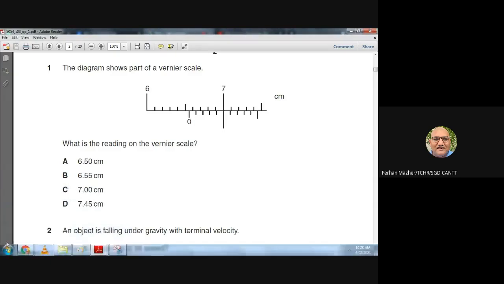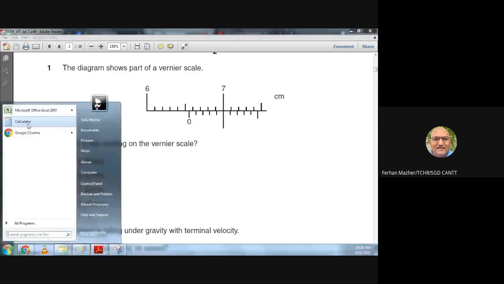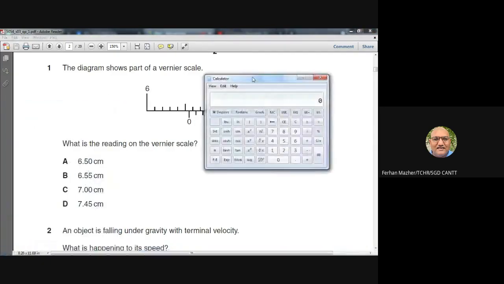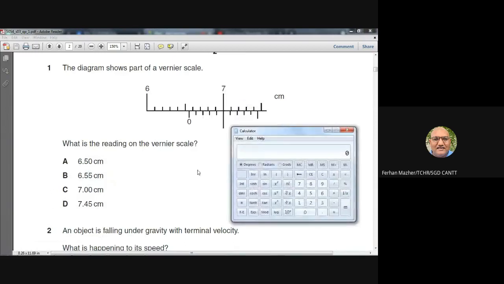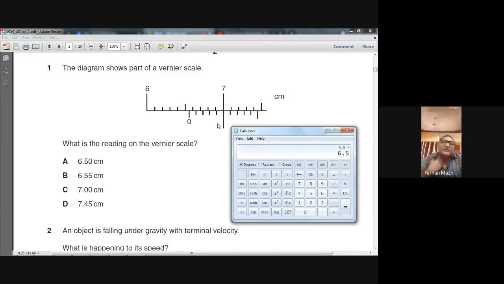So on the main scale, we have crossed 6.5. And in this, I will check the vernier scale reading which is coinciding with any line on the main scale.